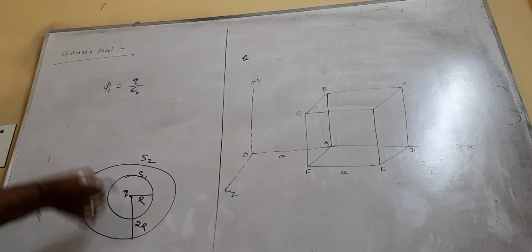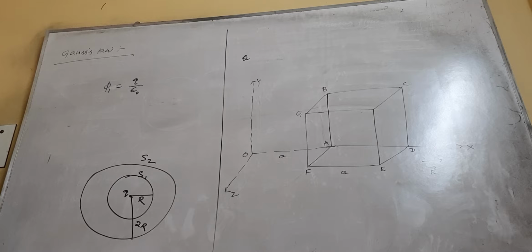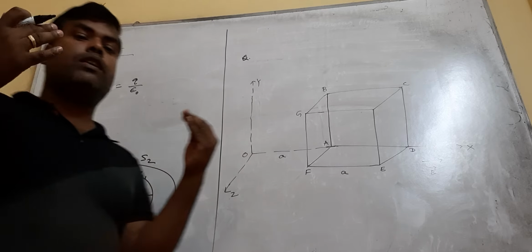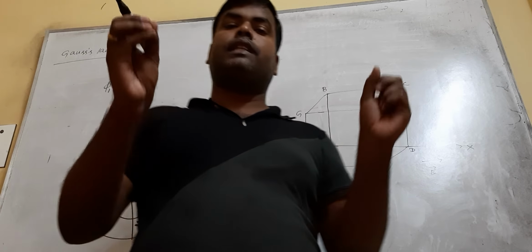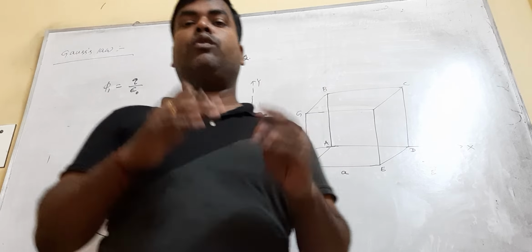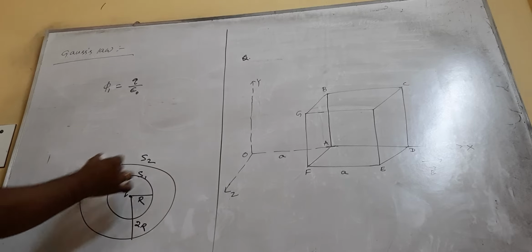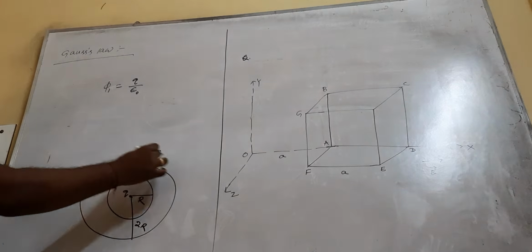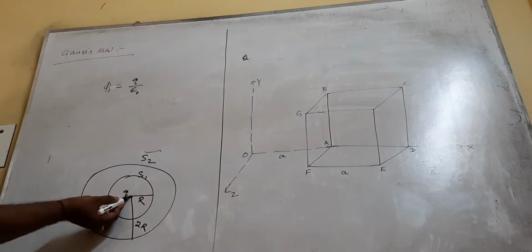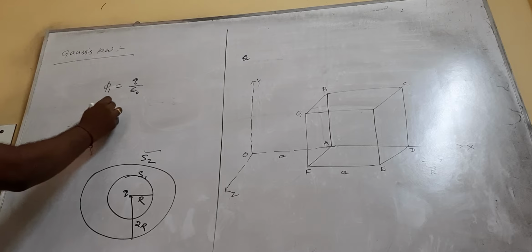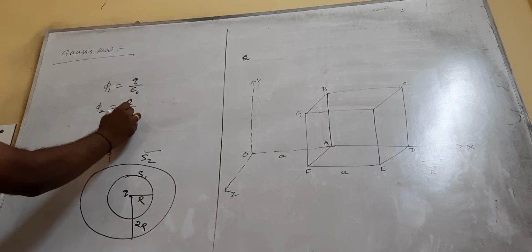Similarly, what is the electric flux linking with the second spherical surface of radius 2R? You don't think about the radius. In Gauss law we have to see the net charge enclosed by the surface. For the second surface, the net charge enclosed is only Q. So electric flux will be Q by epsilon 0.